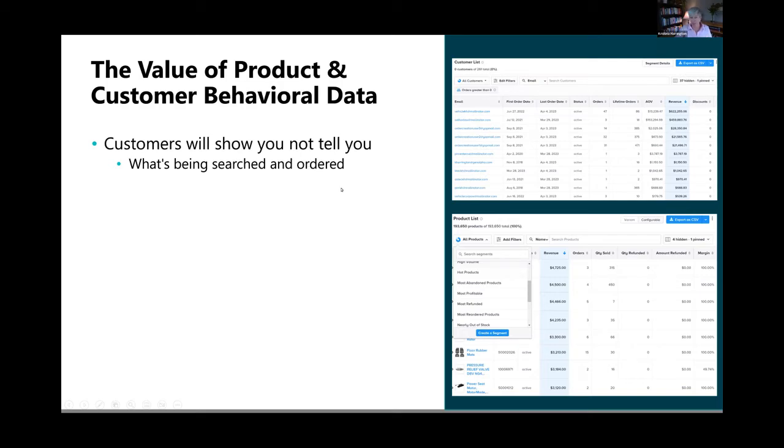If your employees are using this site, because that's often what happens here, customer service teams stop using their ERP system and they start using the digital commerce store to answer customers' questions, to search for products, because it's more intuitive, it has an easier click path, and you can gather more data if you have both your customer team and your customer service team searching for things online. So searching for what's being searched and ordered, what's being searched and not ordered.